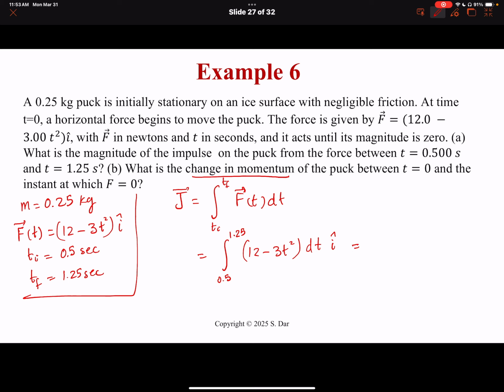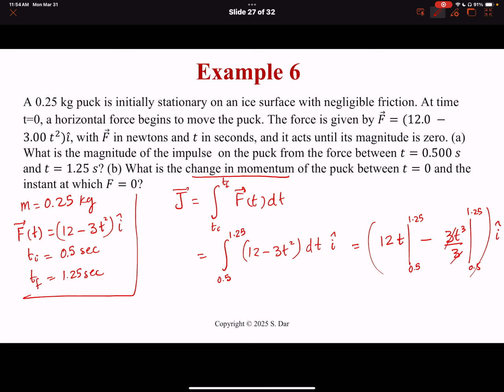What is the integral of the first term? That's going to be 12t, with limits 0.5 to 1.25, minus 3t cubed over 3, 0.5 to 1.25, whole thing multiplied by i hat.